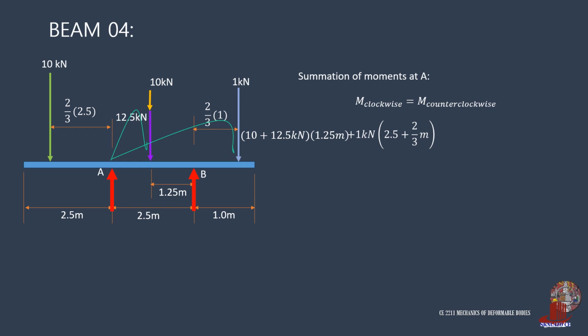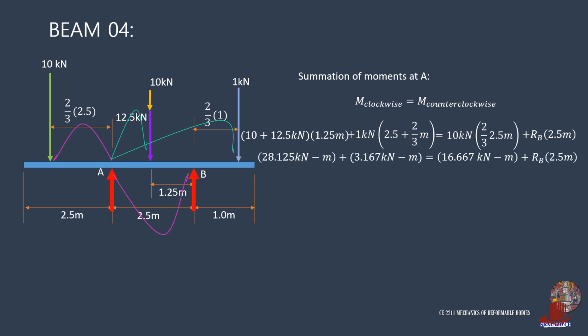Equate the clockwise moments with 10 kilonewtons times 2/3 of 2.5 meters plus the reaction at B times 2.5 meters. Simplify the whole equation and come up with 28.125 plus 3.167 as equal to 16.667 plus 2.5 times the reaction at B.